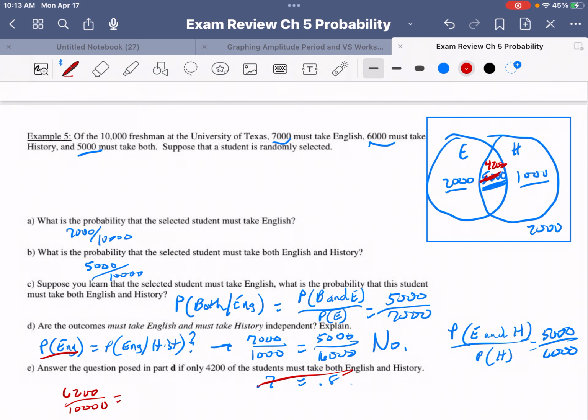English and history would now be 4,200 out of history, which would now be 5,200. So 6,200 out of 10,000 is 0.62, and 4,200 divided by 5,200 is 0.80. The answer is still no. They're not the same.